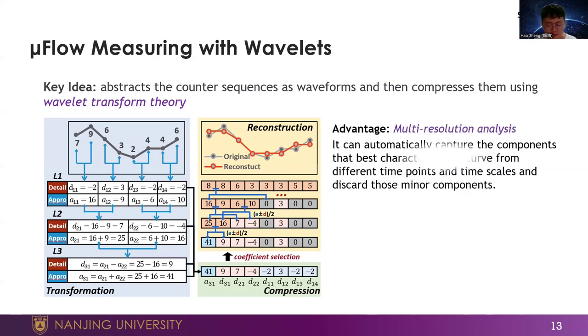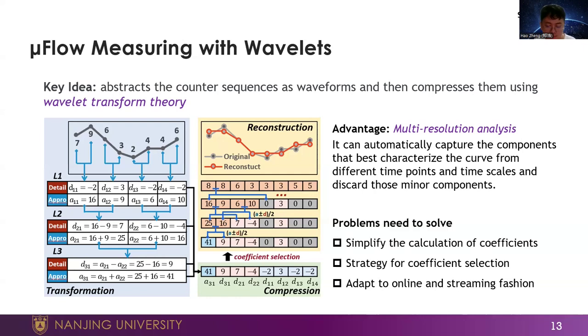During this process, the most important advantage of wavelet-based compression is called multi-resolution analysis. When compressing the data, we can automatically capture the components that best characterize the curve from different time points and different scales, and discard those minor components. However, to apply wavelet transform to network measurement, there are three problems that need to be solved.